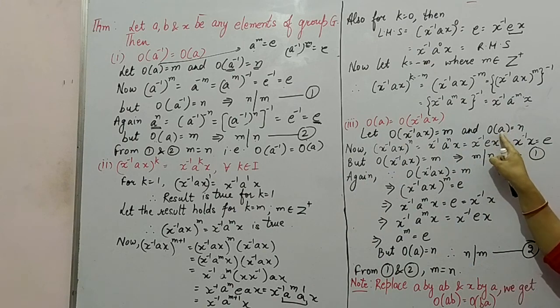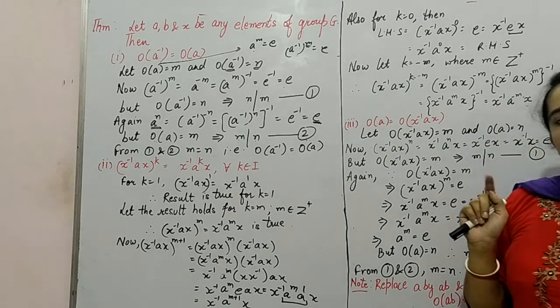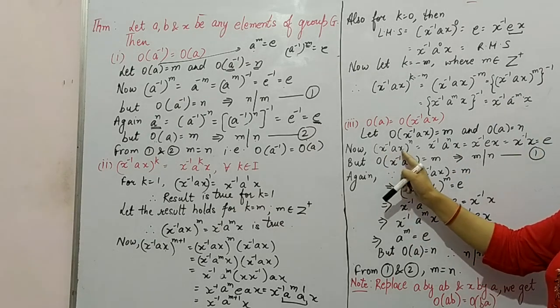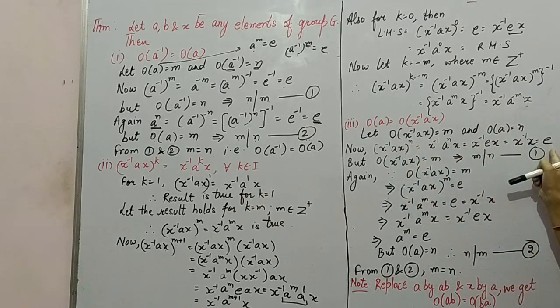And we know that order of A is equal to n, so A raised to the power n is equal to identity. And identity into x is x inverse into x, which is identity. We have arrived that x inverse Ax raised to the power n is equal to identity.